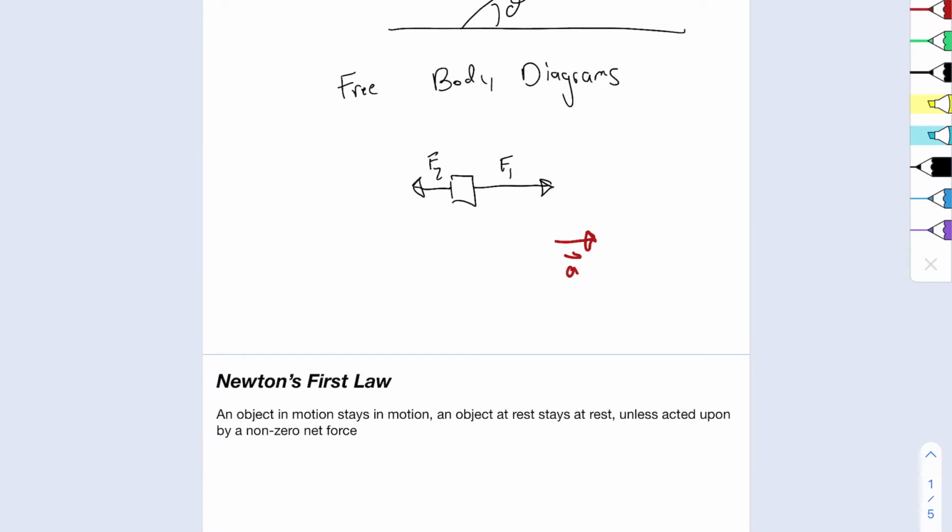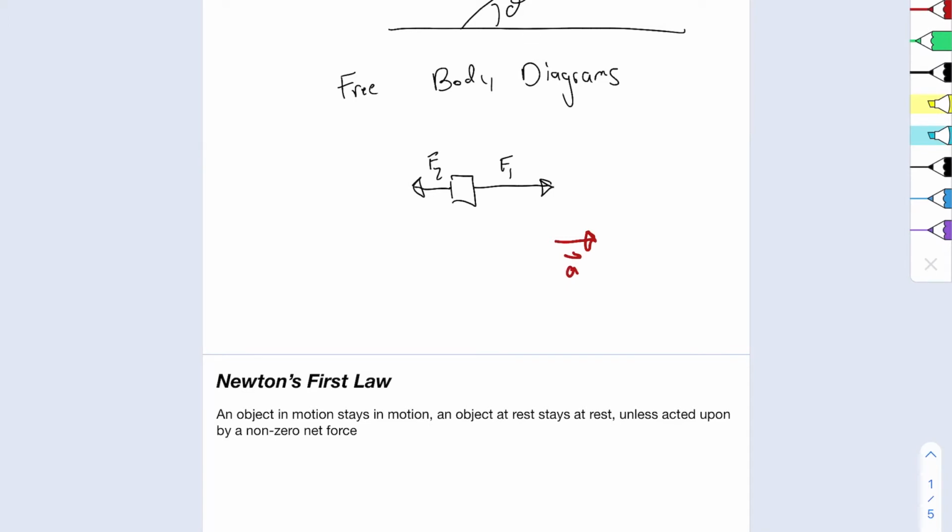Newton's first law says that an object in motion stays in motion, an object at rest stays at rest, unless the object is acted upon by a non-zero net force. In a slightly more mathematical way, what the law is trying to say is if an object is moving at some velocity, then it'll stay moving at that velocity until a non-zero net force acts on it.